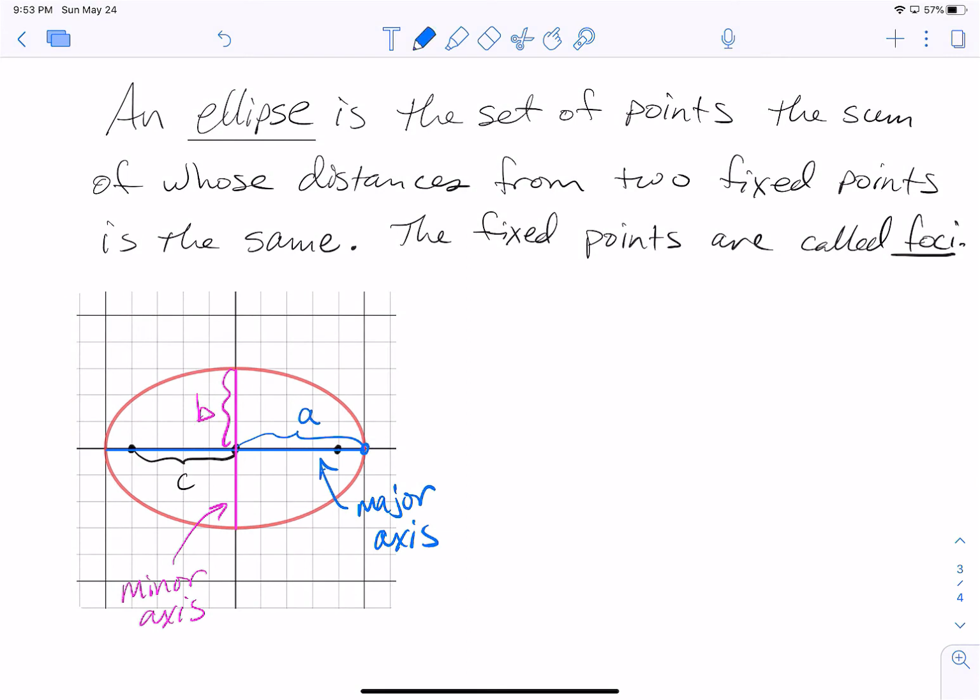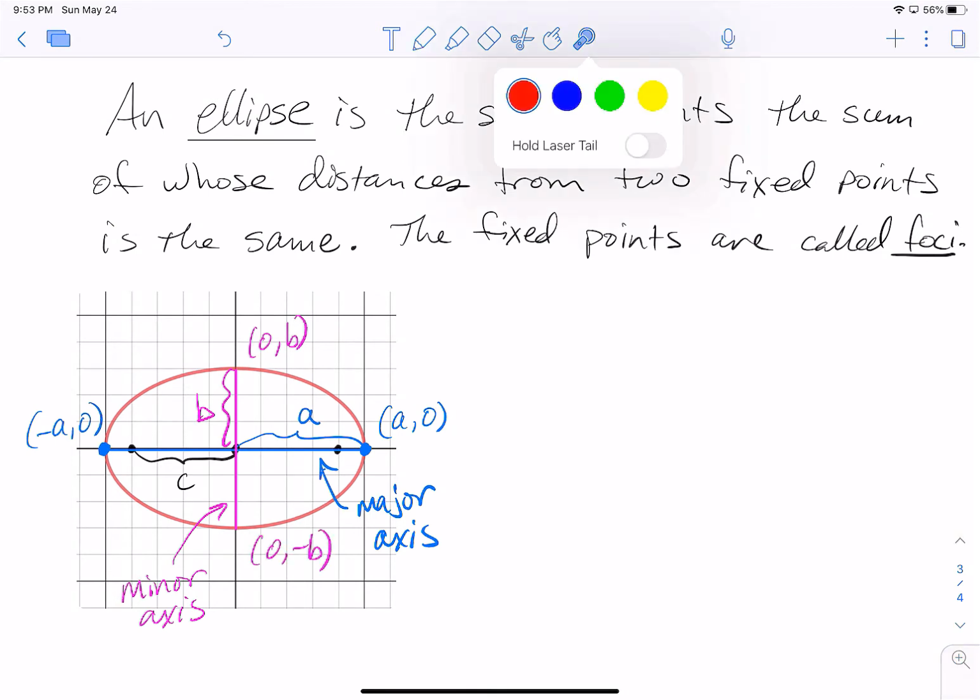The ellipse has two what we call vertices, plural for vertex. Only two, not four. Some people want to put a vertex at the end of the minor axis. That's not a thing. We're going to say this has coordinates (a, 0), the other one has coordinates (-a, 0), and the minor axis has coordinates (0, b), or at least the endpoints of it, and then (0, -b).